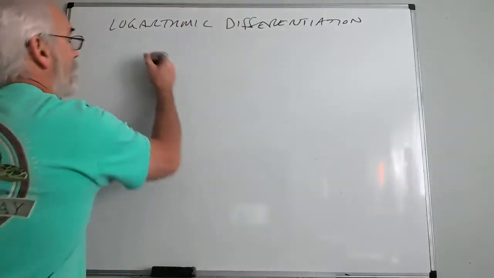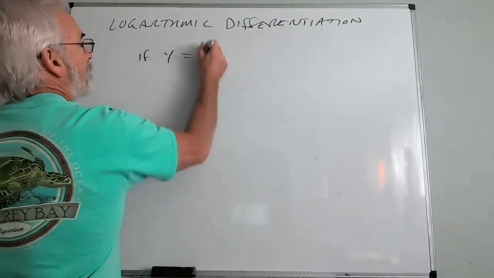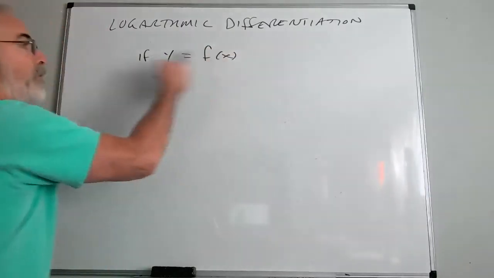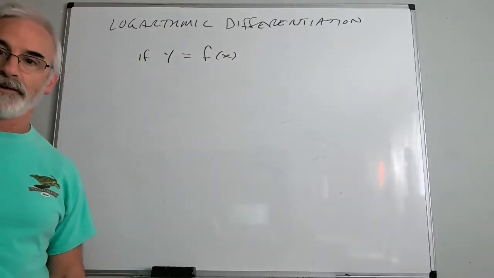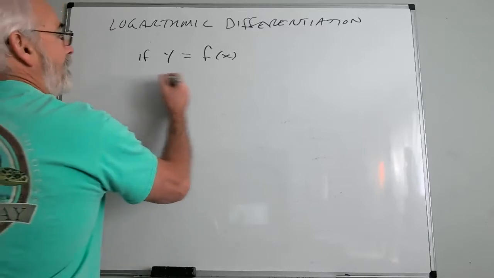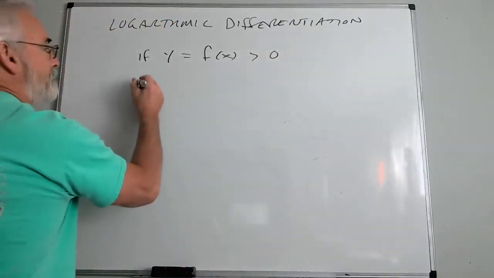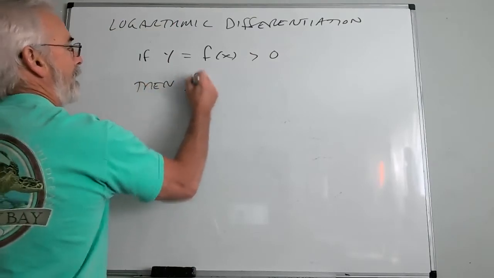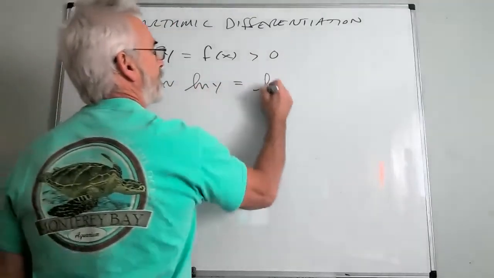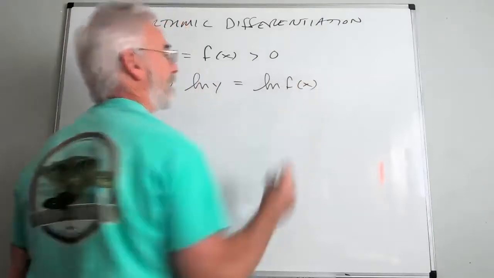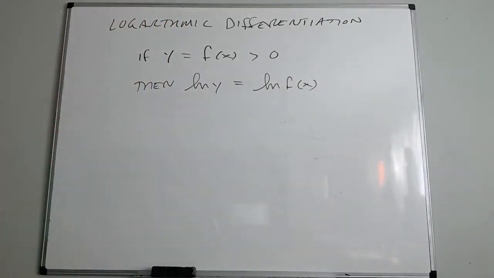For example, if y equals f of x, let's assume there's no logs whatsoever in that statement, and this is greater than 0, then the natural log of y equals the natural log of f of x. Again, it has to be greater than 0, otherwise I'd be taking logs of negative numbers.